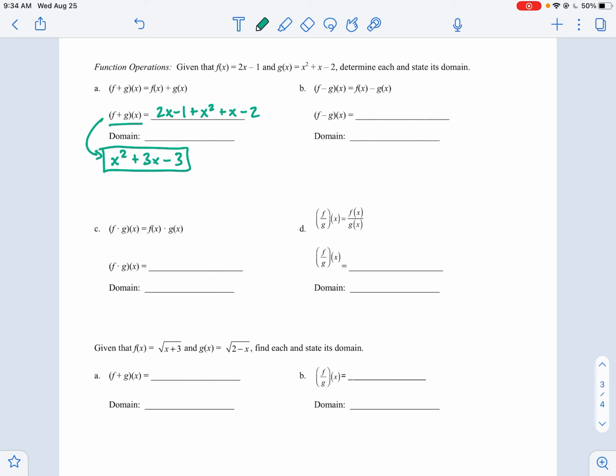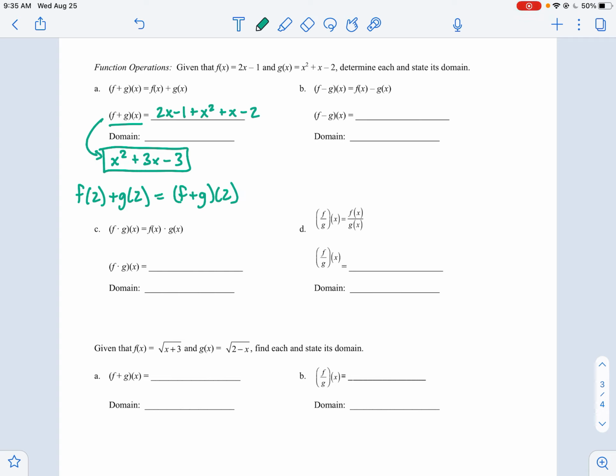And you might say, well, what's the point of this? The idea here is, let's say you actually wanted to use a value, like f(2) plus g(2). I could just find (f + g)(2) and it'd be the same thing.